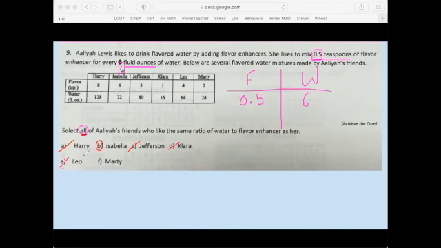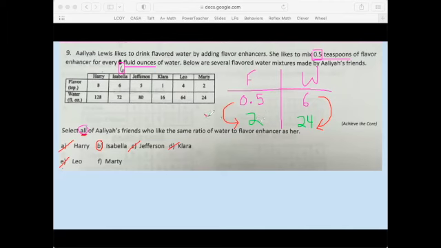Okay? And now, last but not least, let's take a look at Marty. So it says the ratio of flavor to water that Marty has is 2/24. And I'm going to ask myself, half times what gets me 2? What number do I have to multiply by half to get me 2?